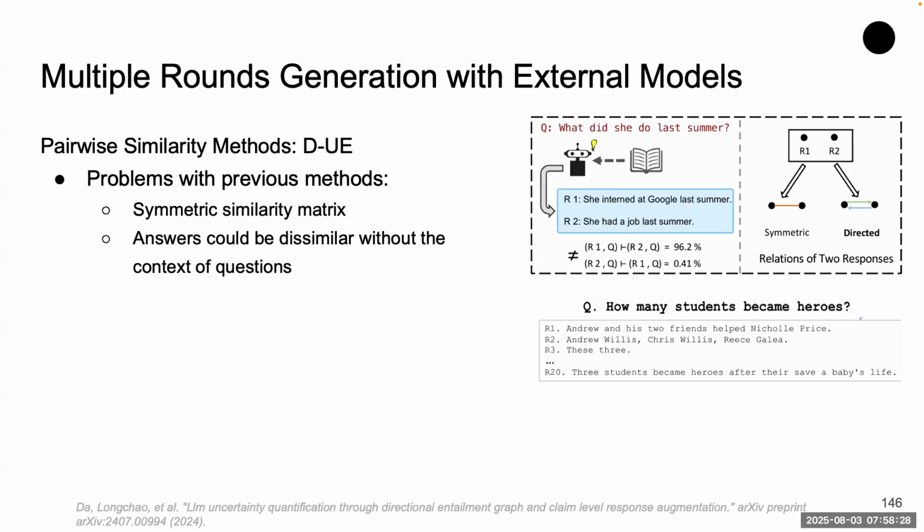The answer they're having is Andrew and his two friends. And the second response is Andrew Wills, Chris Wills, Reese, and the third response is these three. So you can see that if I'm giving you random two sentences, this sentence and this sentence, you do not think of them as semantically related, right?